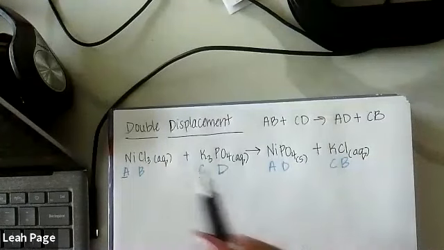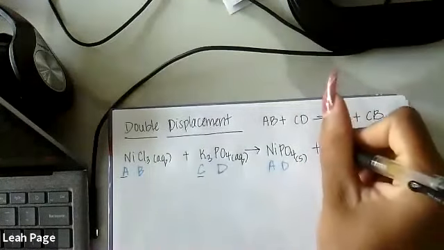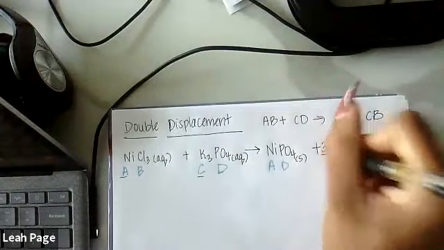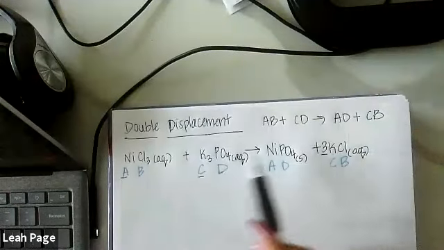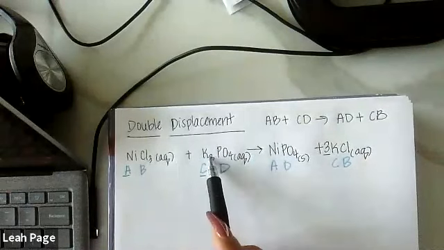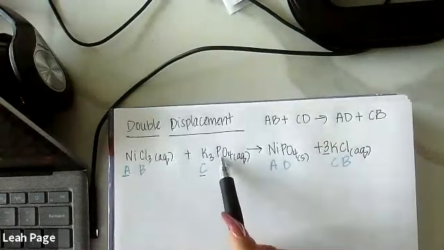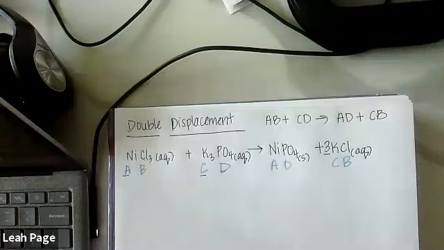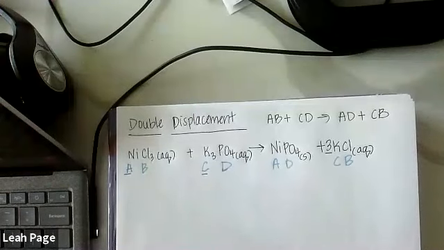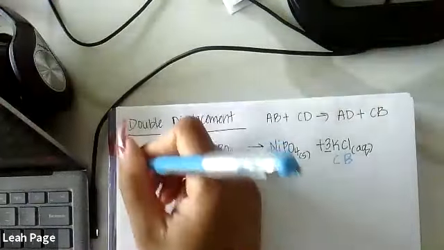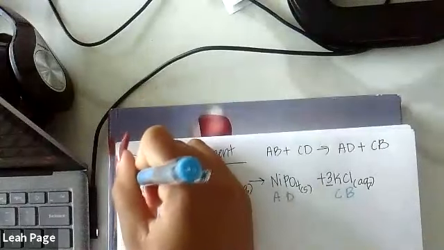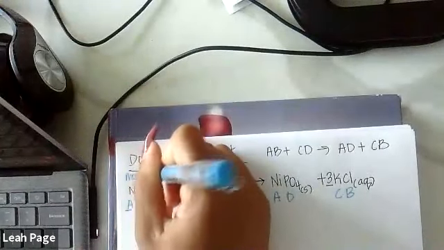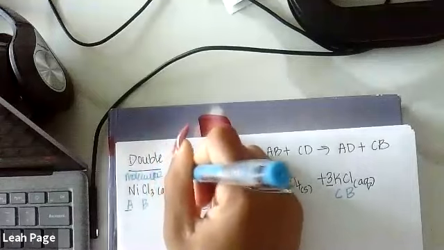I'm going to put a 3 right here in front of the potassium chloride. And now I see I have 3 potassiums, 1 phosphate, 1 phosphate. Like I said, double displacement reactions are easy to balance. So this is the molecular equation. Let me write that up here. Molecular equation.